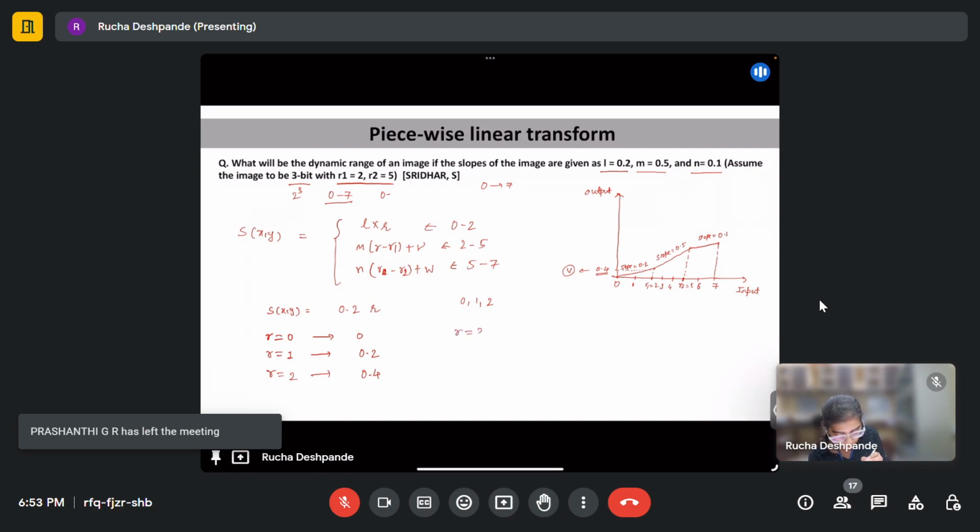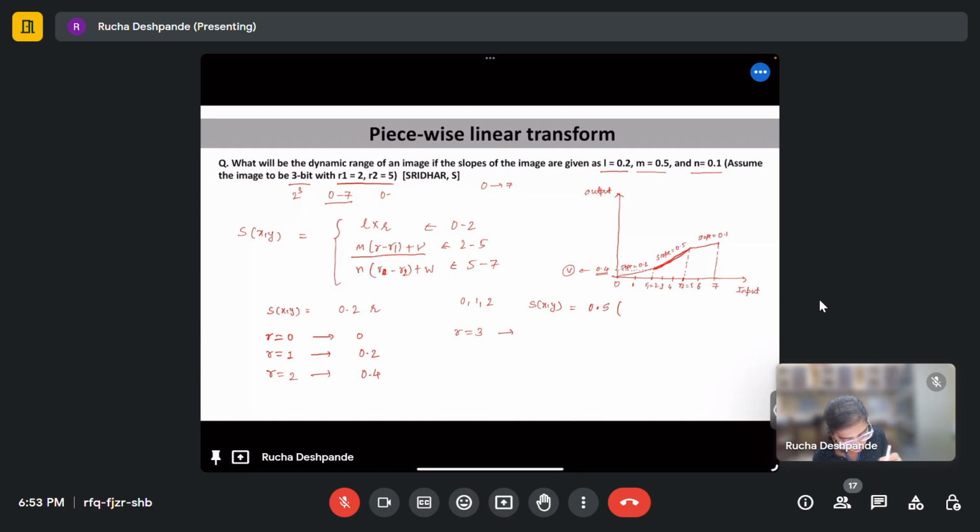So for r equal to 3, now the function will be this. We have s of x comma y is equal to m, which is 0.5 in this range, into r minus r1, so r minus 2, plus 0.4.